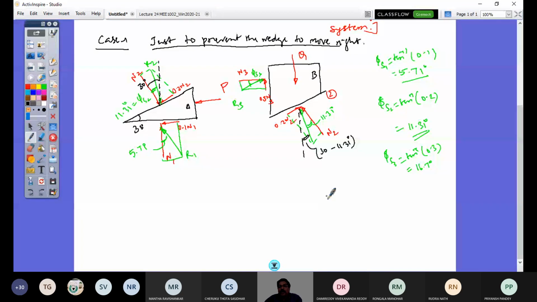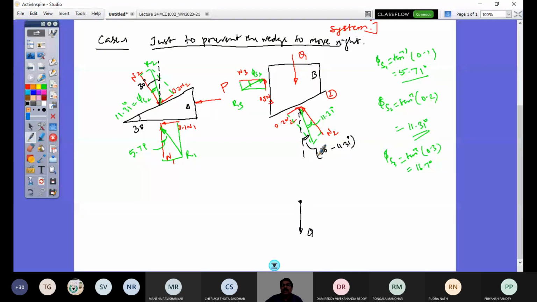So this is Q, and this is my concurrent point, representing block B, and I have R2. R2 to the vertical is 30 minus 11.31 degrees, so 30 minus 11.31 is 18.69 degrees to the vertical.